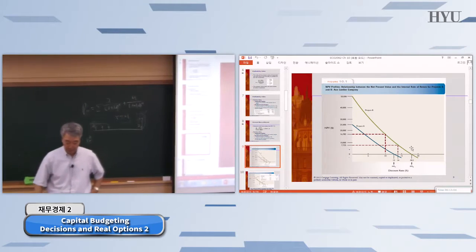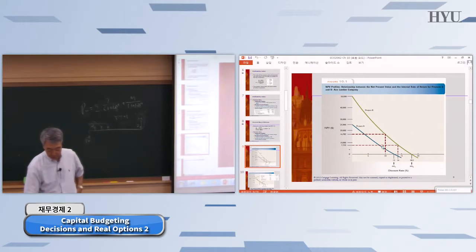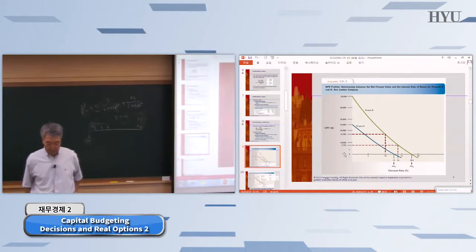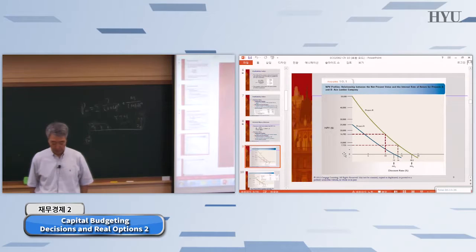So for example, you can accept this project A as long as your cost of capital is less than 13%, because the internal rate of return on this project A is 13%. If you have to borrow the money at 14% or 15%, it doesn't make sense, because cost is greater than return. So you can accept both A and B as long as cost of capital is less than 13%.